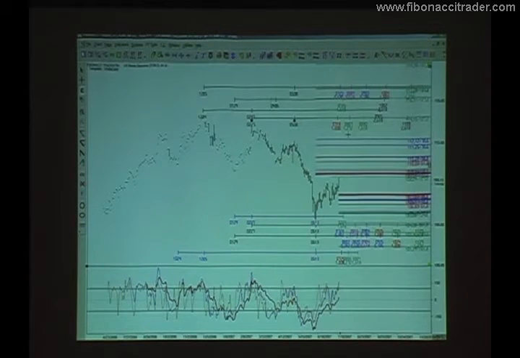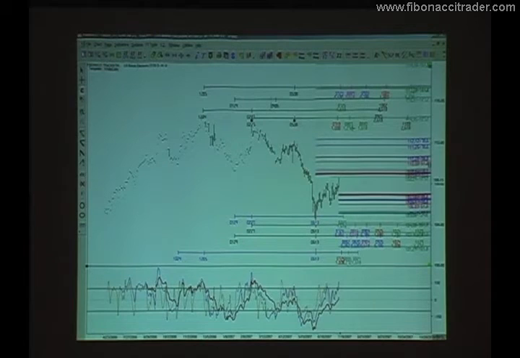Gotcha. Leonard, using the 3-point tool, the expansion tool, the time expansion tool. Oh, okay, it uses 3 points. Yeah, it's also called the 3-point tool. It's called the 3-point tool because you take prior swings. It's not registering.